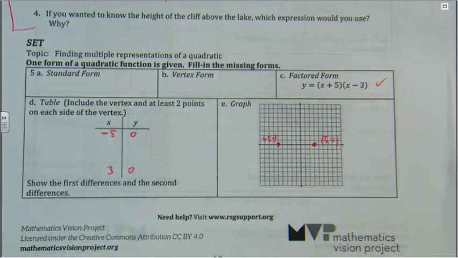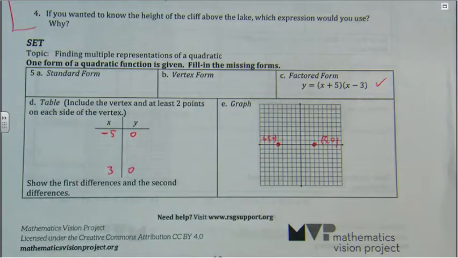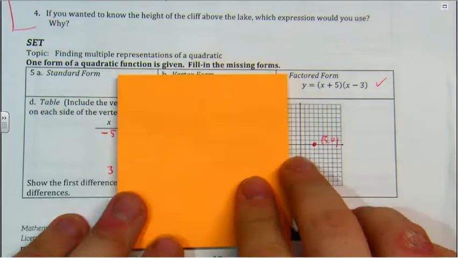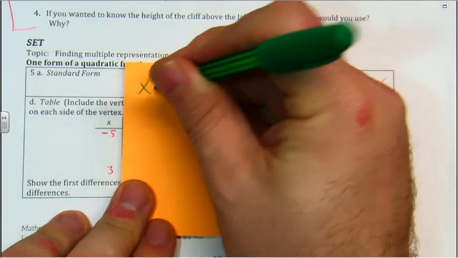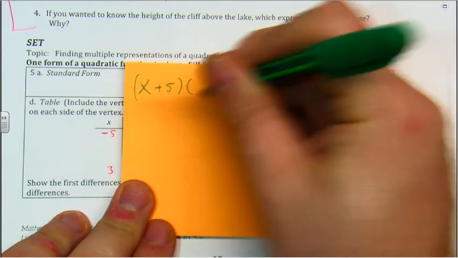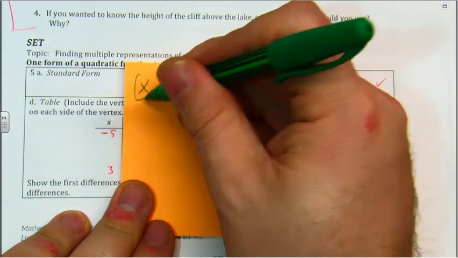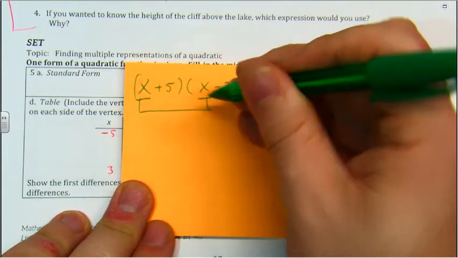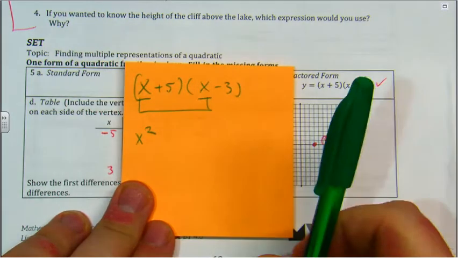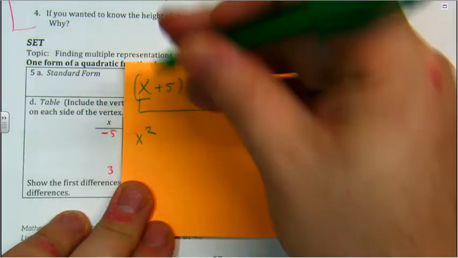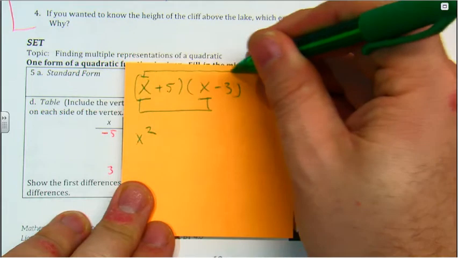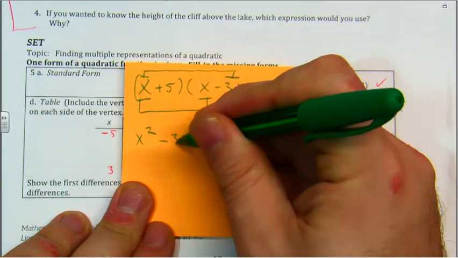Okay, neat. Now what do we do? Well, let's see, we have it in factored form. Let's try standard form, because that means we just have to FOIL it. So if we just FOIL this, x plus 5 times x minus 3, okay, first will be x squared. All right, outer will be minus 3x.